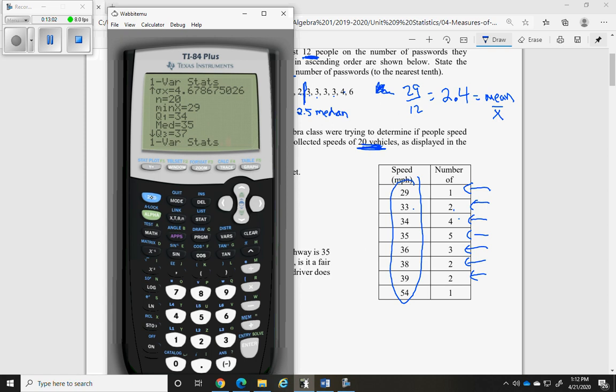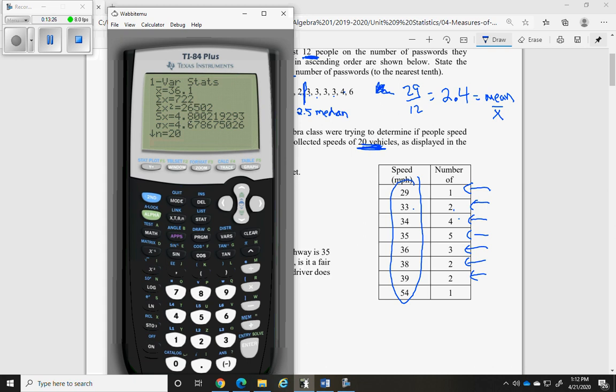So your list should say L1. I'm going to clearly specify that the first set of data is in L1. I have to put a comma. Then go to the frequency and make sure it says L2, and then move down to Calculate, and you can see that I get the same answers.